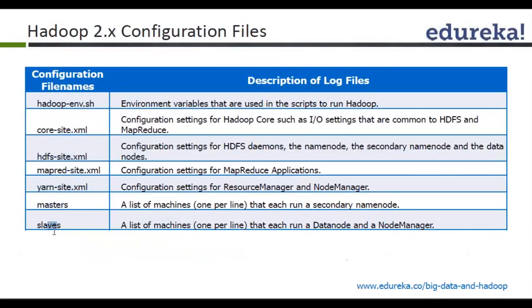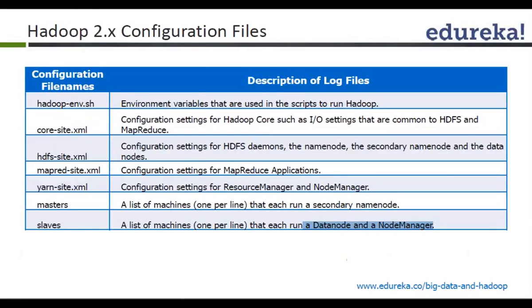The four XML files are for different components. Masters will contain the IP address of all the secondary name nodes, and slaves will contain the IP address of the data node and the node manager, that is, the slave machines. So this is how you will have your different XML files configured, friends.